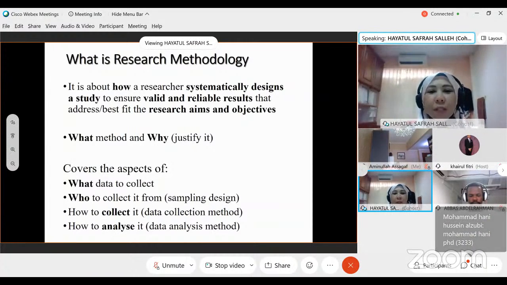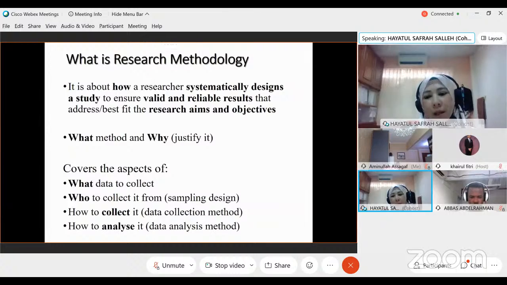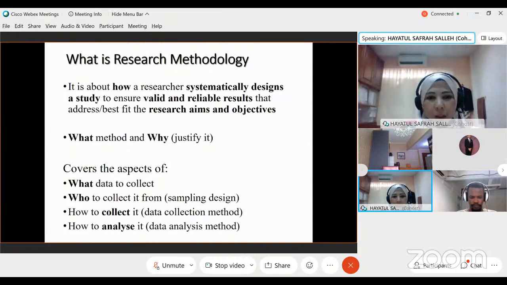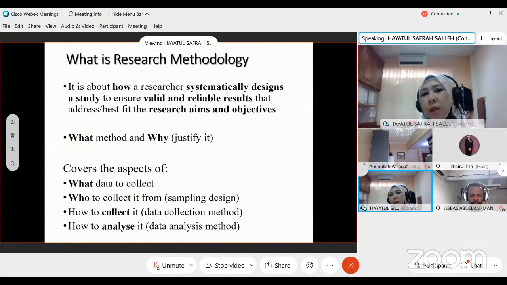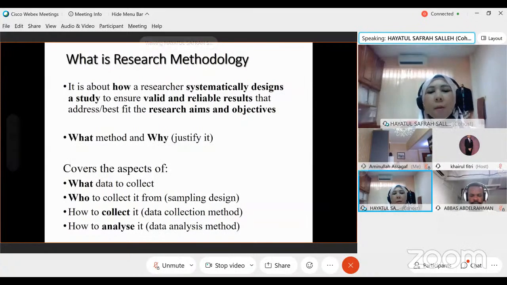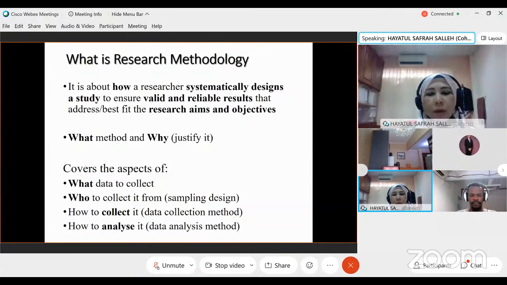So you must have a strong understanding of research methodology. If you select a wrong research methodology, it will affect the whole thesis, for chapters 4, 5, and 6, the analysis, the discussion and so forth. So please make sure that the research methodology is the right one for your research, based on your objectives and aims.